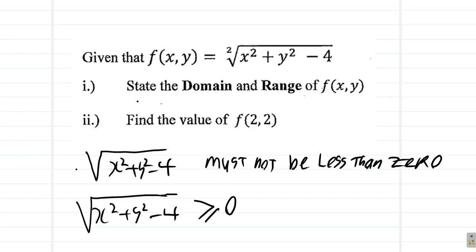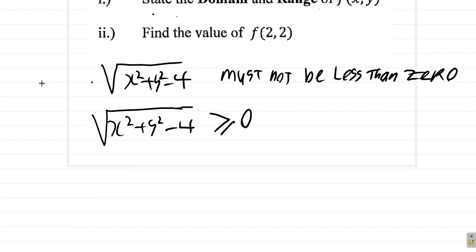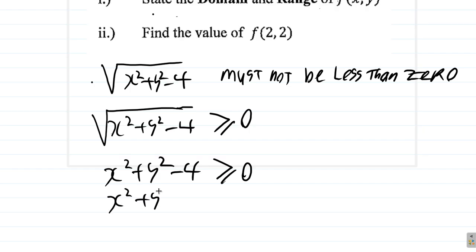Suppose you square both sides. Then you would have x squared plus y squared minus 4 is greater than or equal to 0 squared, which is 0. Add 4 to both sides, so x squared plus y squared would be greater than or equal to 4.